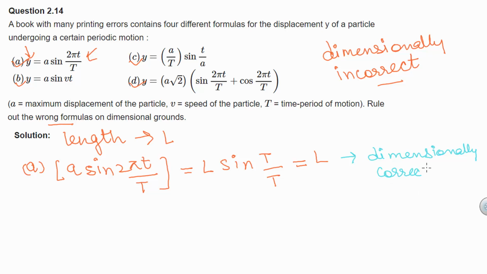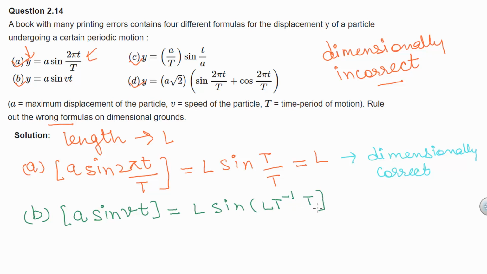Now in case B, we have a sin(vt). Now dimensions of this case is equal to L sin(LT^-1 times T).